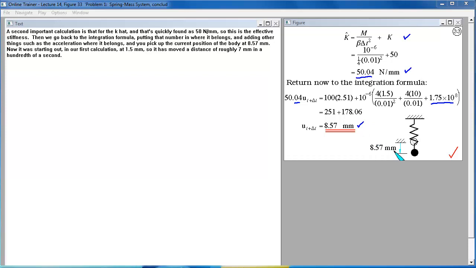Now it was starting out in our first calculation at 1.5 millimeters, so it has moved a distance of roughly 7 millimeters in a hundredth of a second.